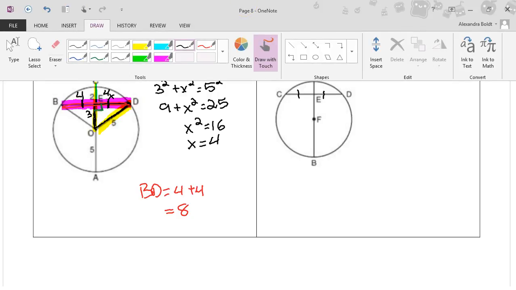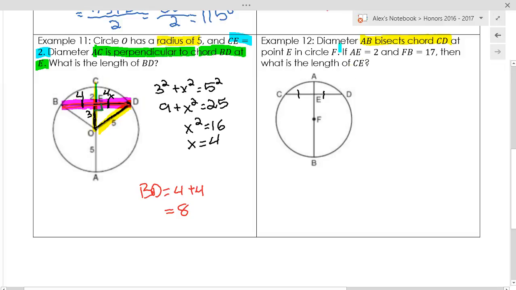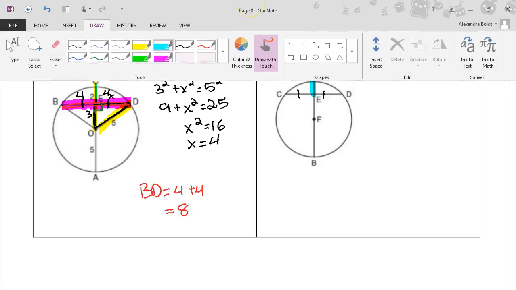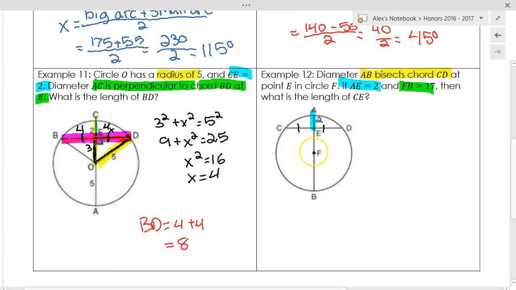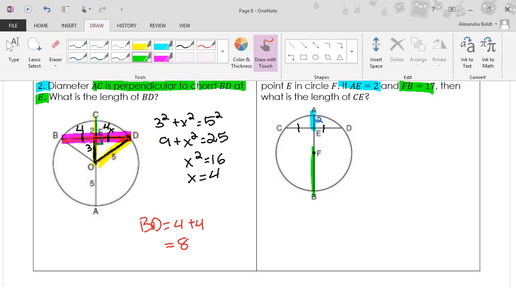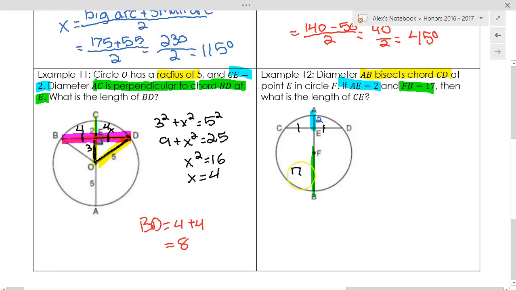Then it tells me AE equals 2, so this length here is 2. FD is 17. What is the length of CE? So I'm just looking for this.